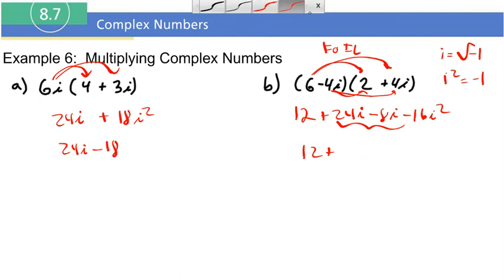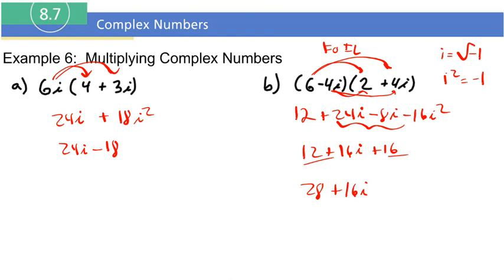Okay, so it's going to give us a positive 16i, and then over here we have negative 16 times i squared. Again, i squared means -1. So think of this as negative 16 times -1. Negative 16 times -1 is a positive 16. All right, I can go ahead and add those guys together, and we get 28 plus 16i. Cool beans.